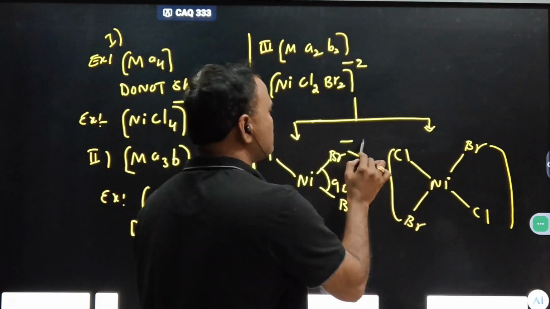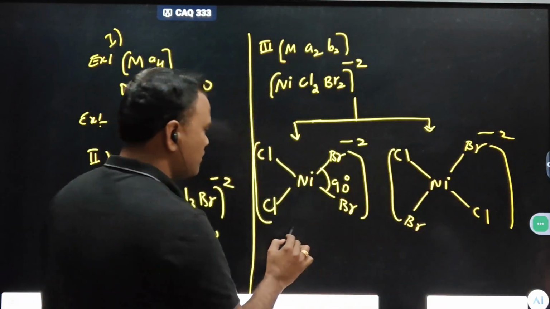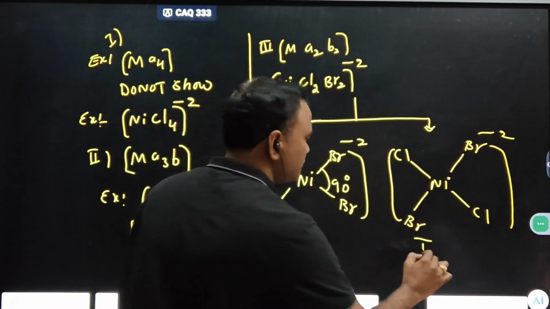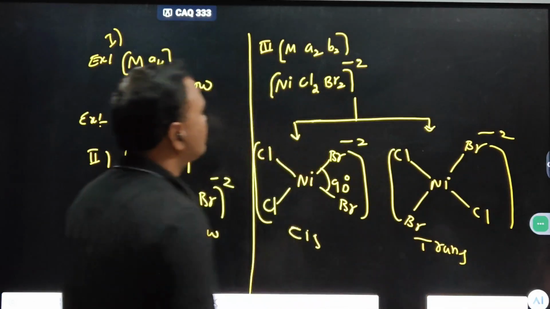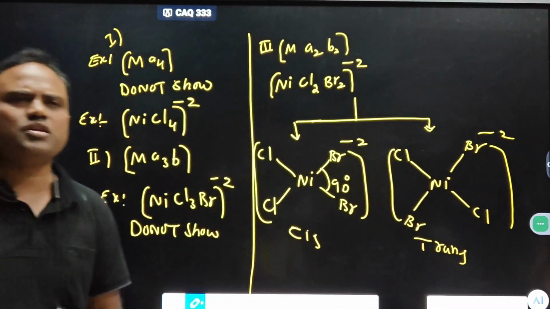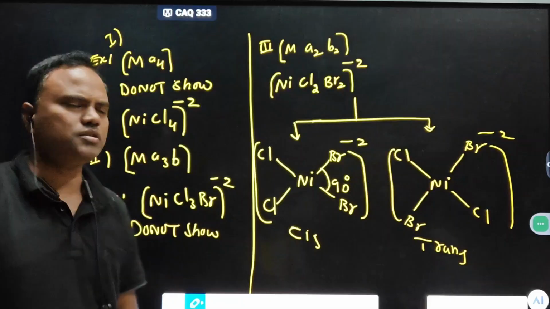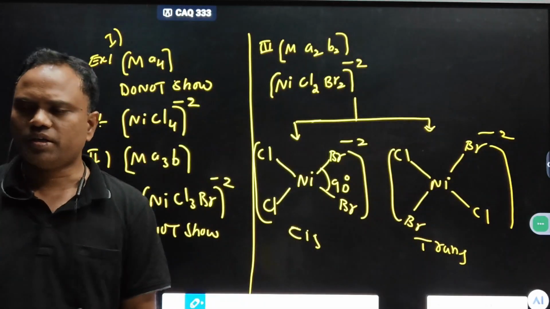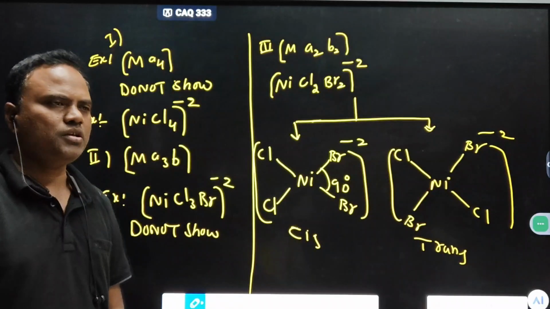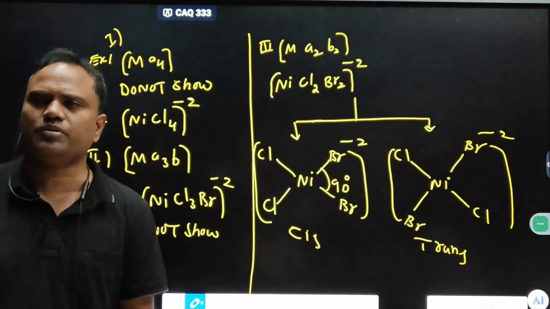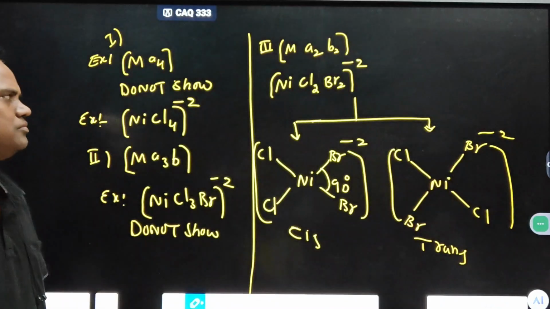The charge is common, -2 here and -2 here. Cis and trans. You need not draw the structures, we are just writing for practice. It is in the form of MA2B2, so it will show geometrical isomerism.